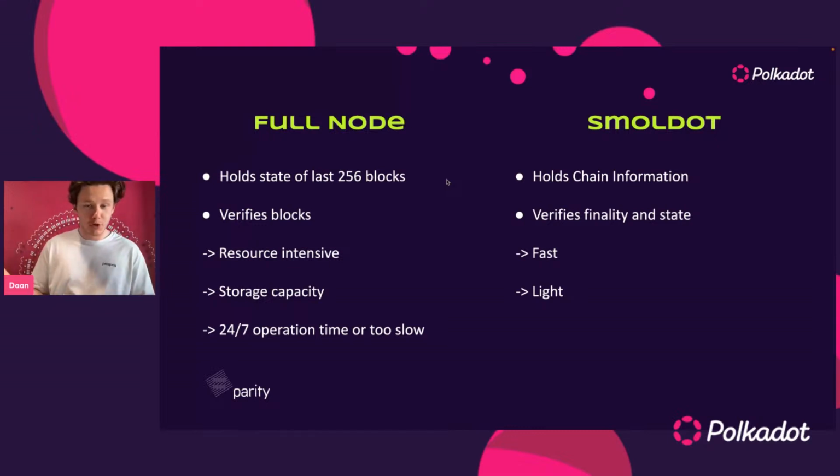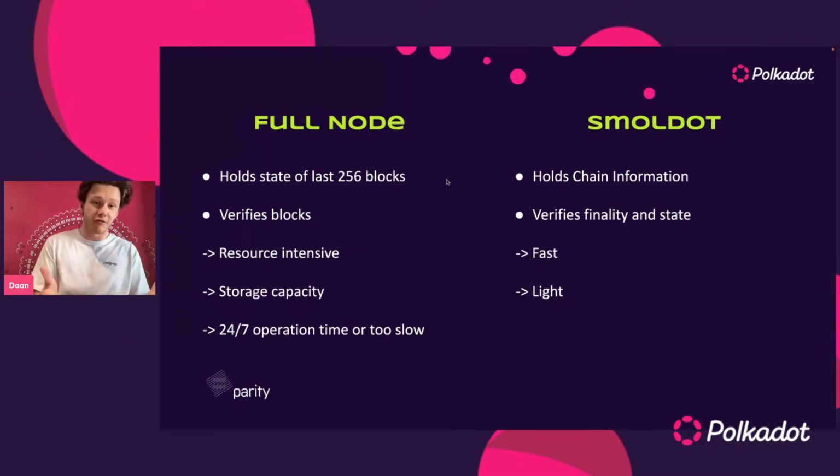And this is where Smoldot comes into play. Smoldot only holds the minimal amount of information that it needs in order to verify finality and consensus related information regarding the protocol. Because it has this information, it can verify what the latest finalized block is, so what is the latest true state of the database within the blockchain.